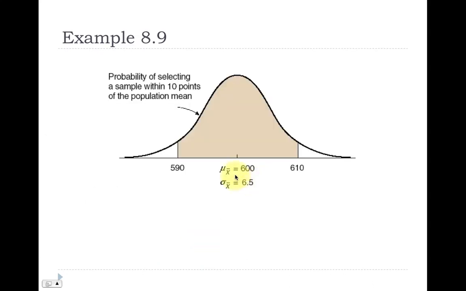So we've got the center is labeled at mu sub x bar and sigma x bar because, again, this bell curve doesn't represent a population. It represents a sampling distribution of means. 600 and 6.5 are the values. On the low end, on the left-hand side, we have a sample mean of 590. On the right side, we have a sample mean of 610.